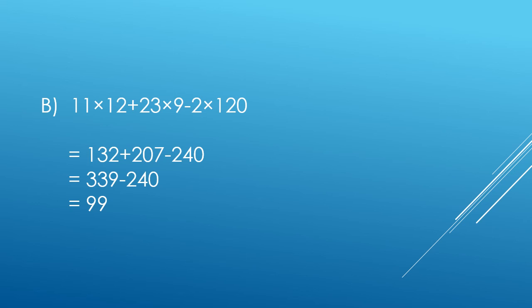Now you have to subtract 339 and 240. So you get 99. When you subtract 339 and 240, you get the answer 99. So 99 is our answer for this given numeric expression.